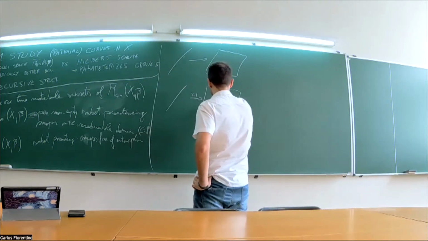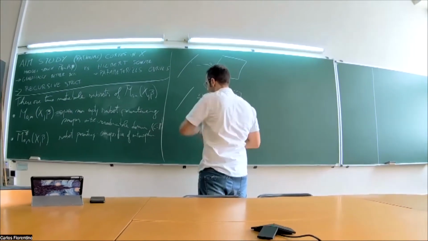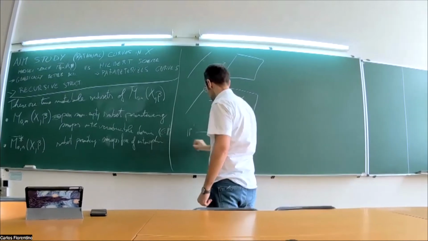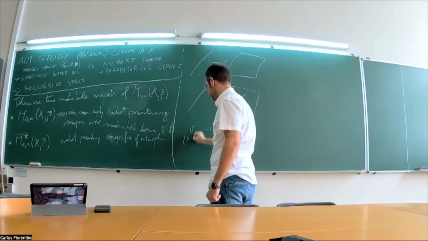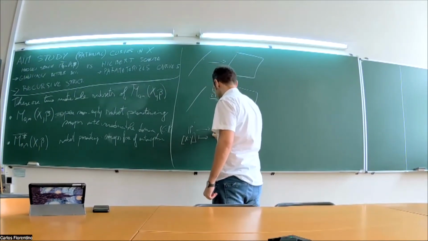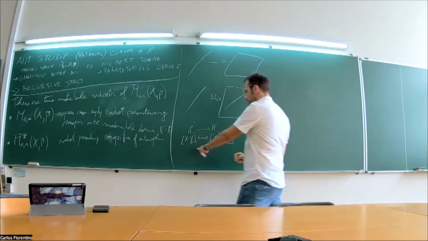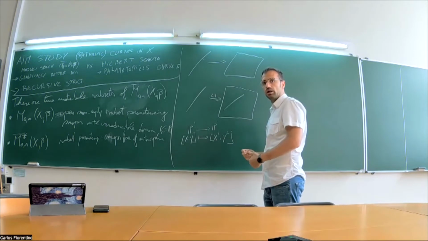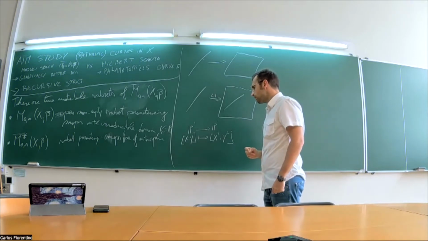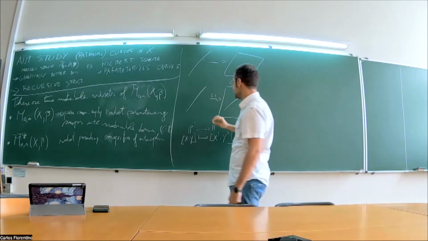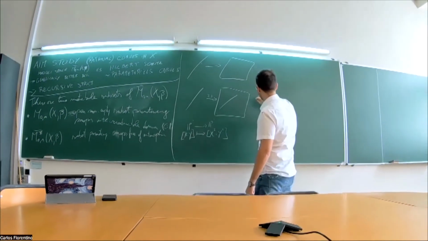Let's suppose this map is generically 2 to 1.